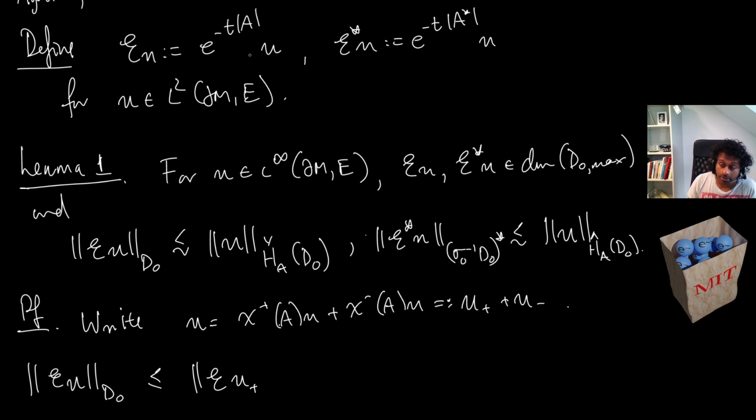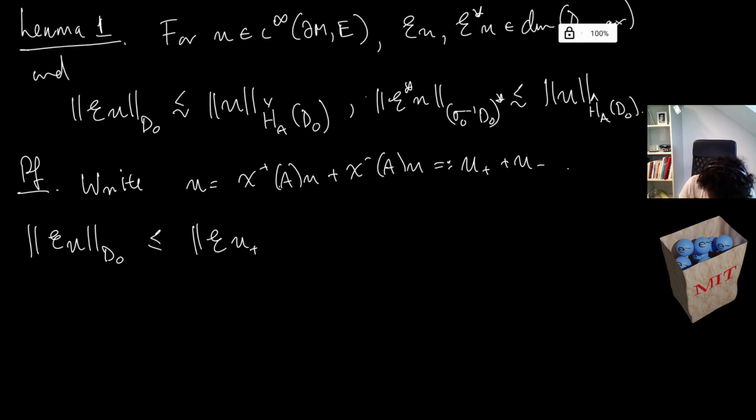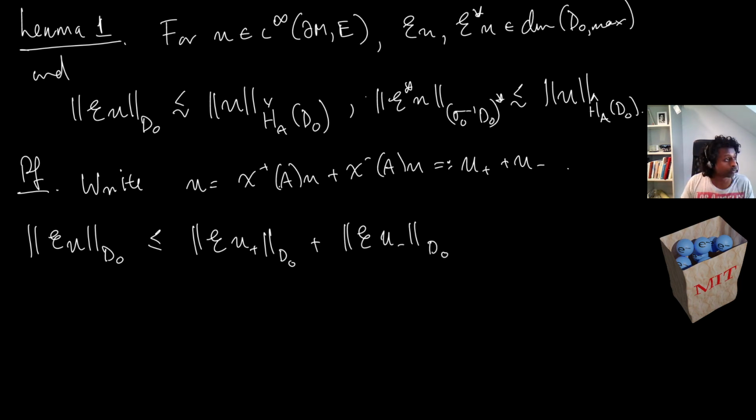Remember, this was the last thing that I said in the functional calculus, that if an operator commutes with the resolvent, then it commutes with the functional calculus. But in fact, this is not so necessary here. This is just linearity, but I just want to make that remark. So first of all, we have this bound.